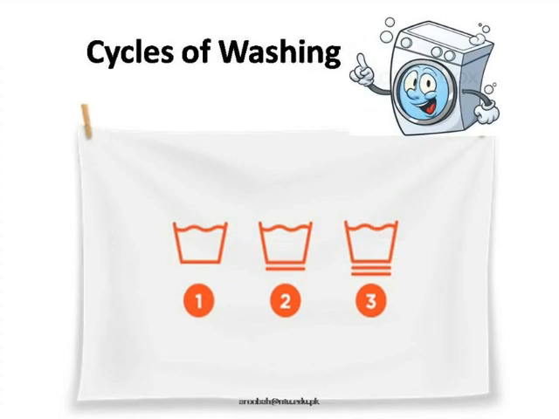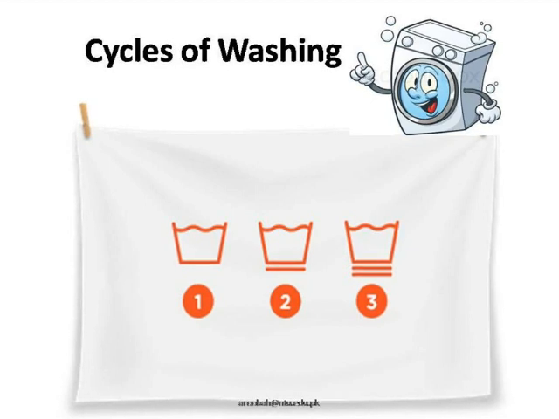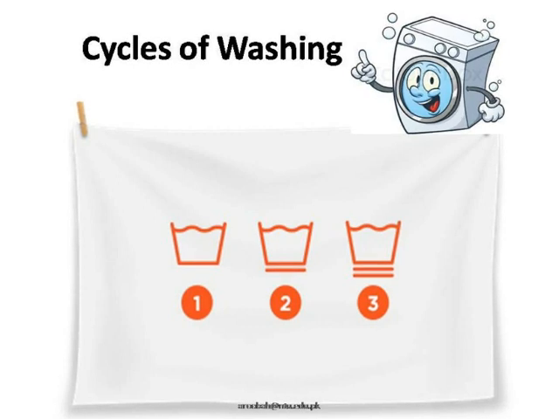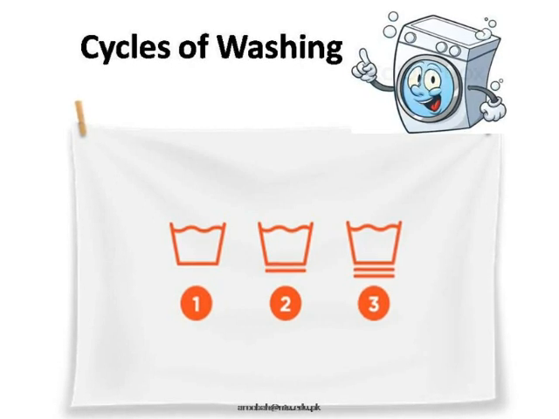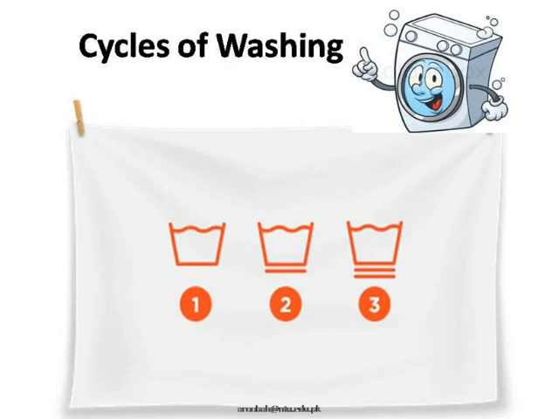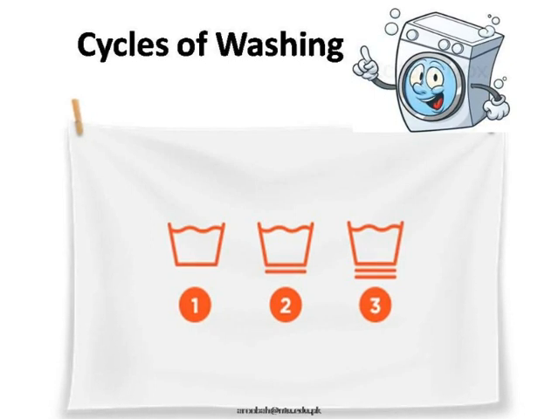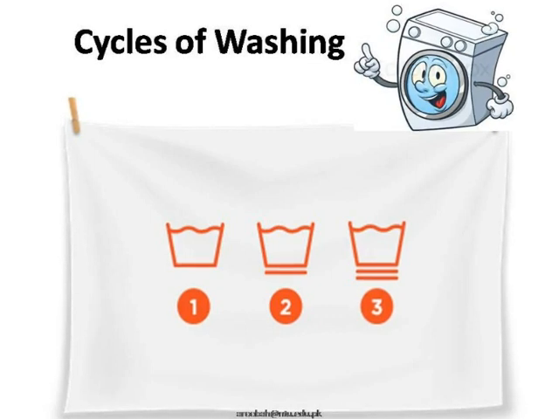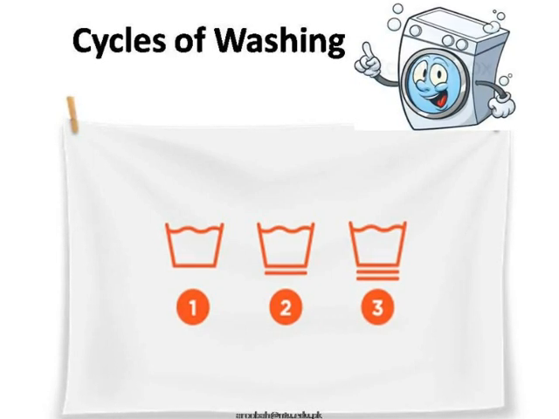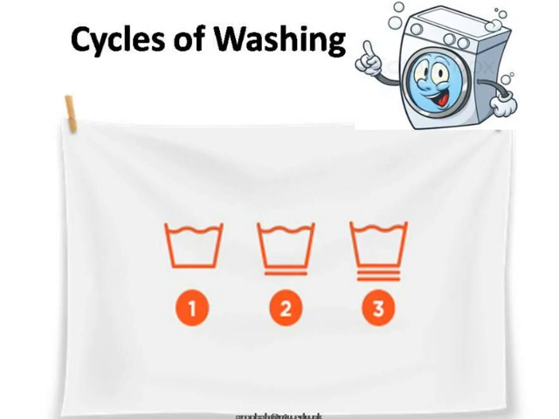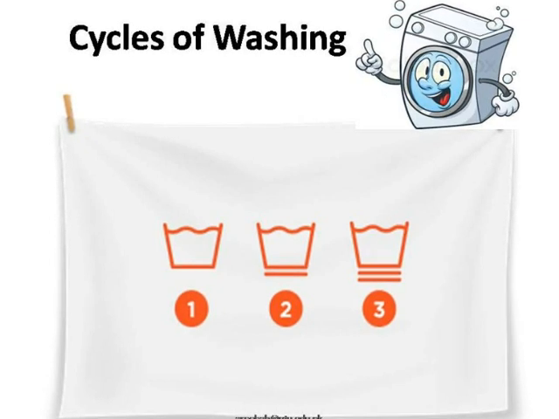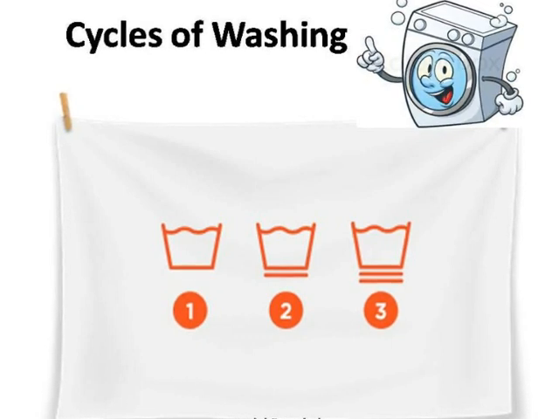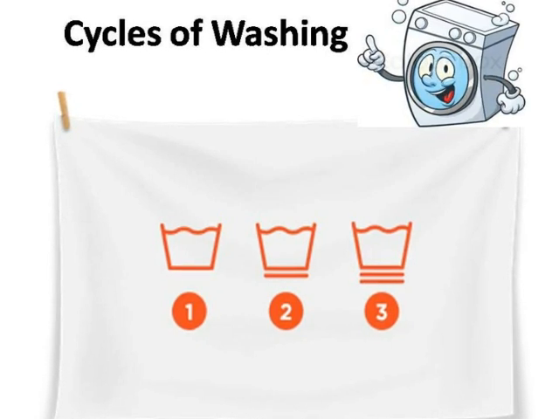Now we talk about the cycles of machine washing. You may have seen the options in your machine: gentle washing, very soft washing, hard washing, medium washing. All these types, hard, soft, gentle washing, depend upon the number of rotations or cycles of the machine. It also involves the time associated with the cycles.